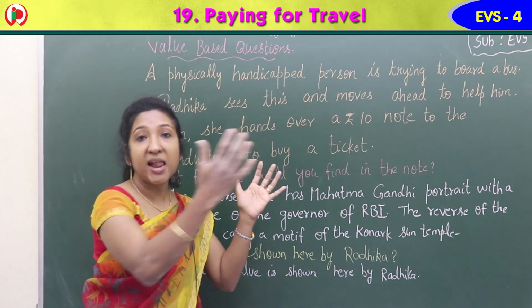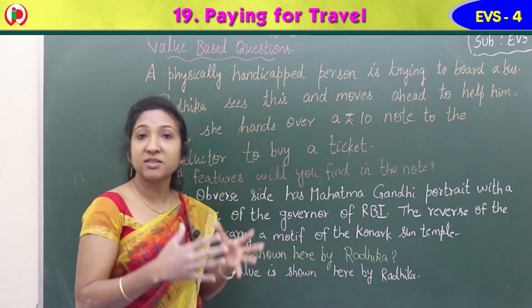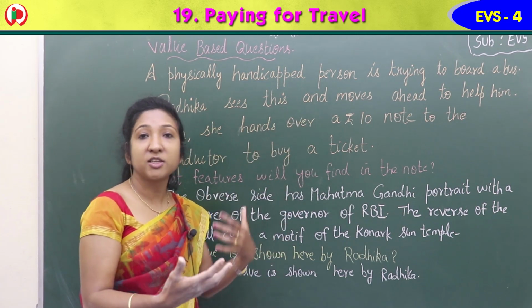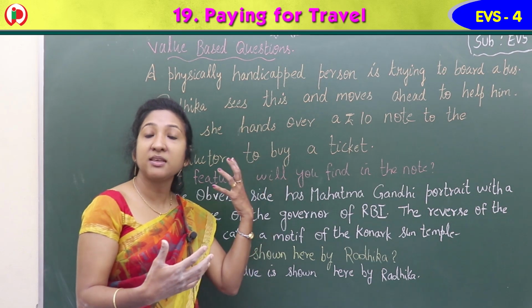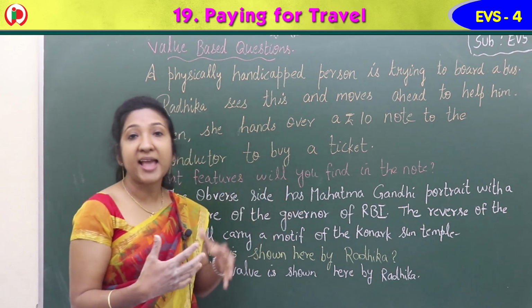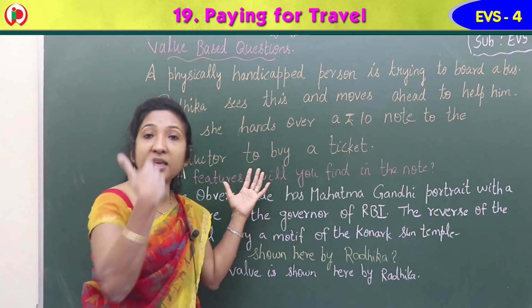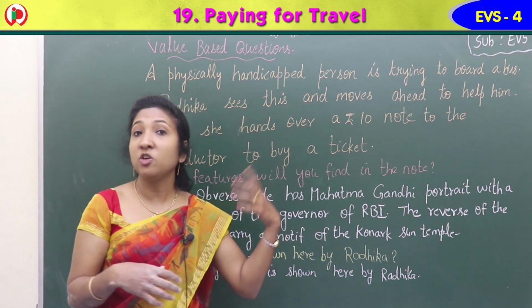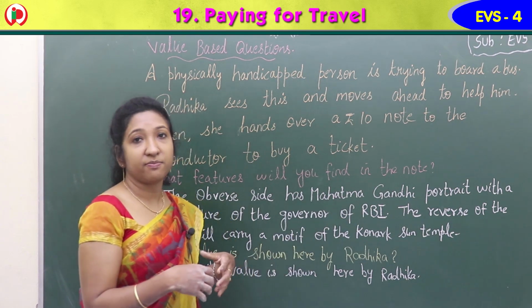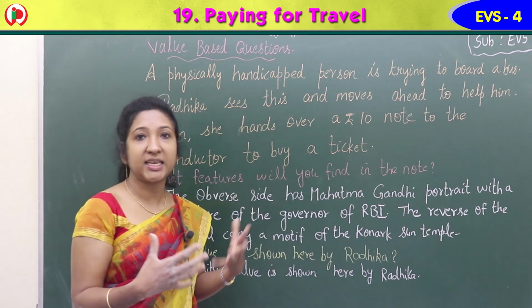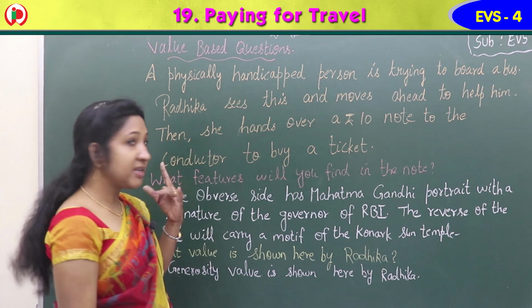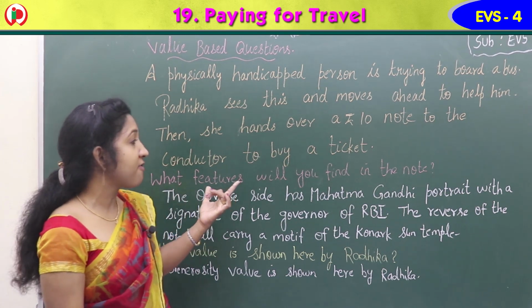One is she helped the person to get into the bus because he is not able to board the bus, being a physically handicapped person. Then she also gave 10 rupees to the conductor as payment for the bus ticket.